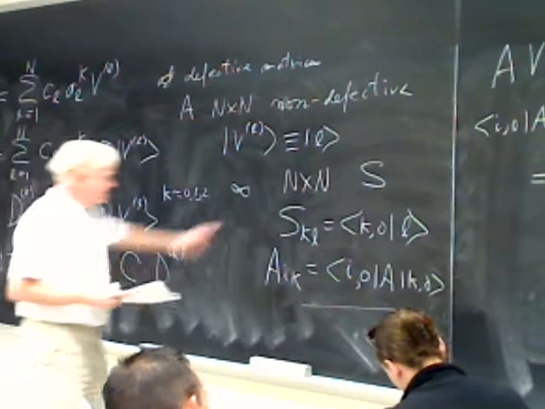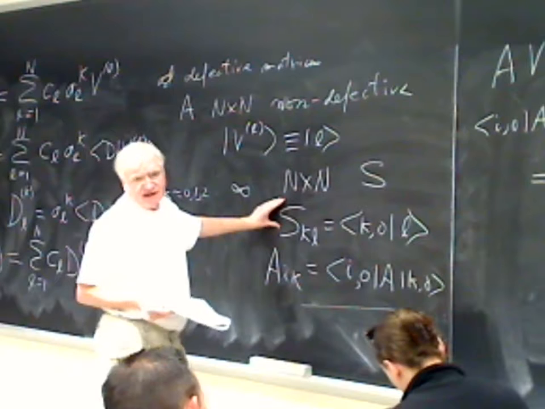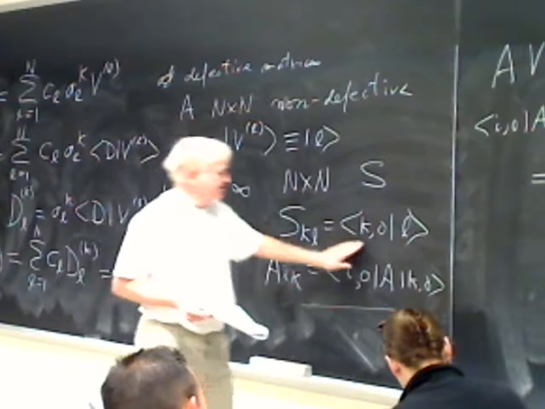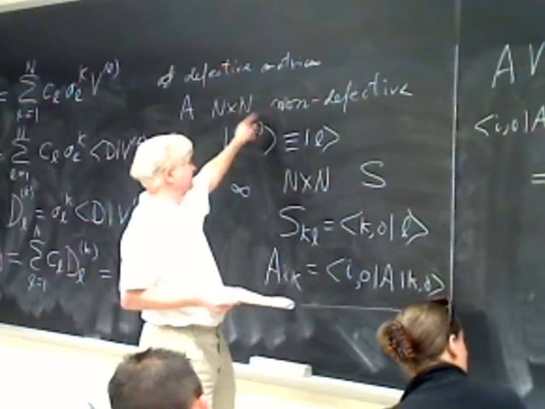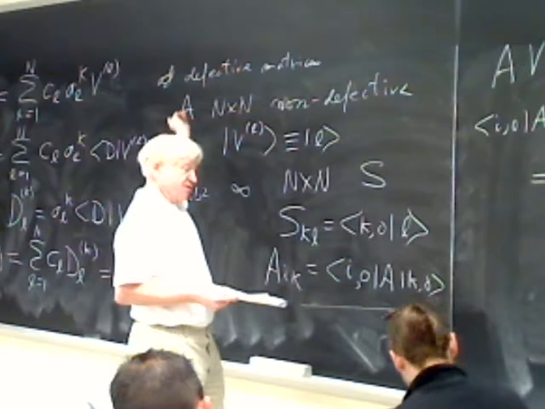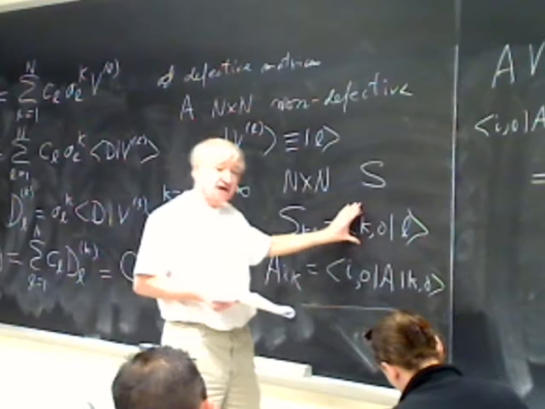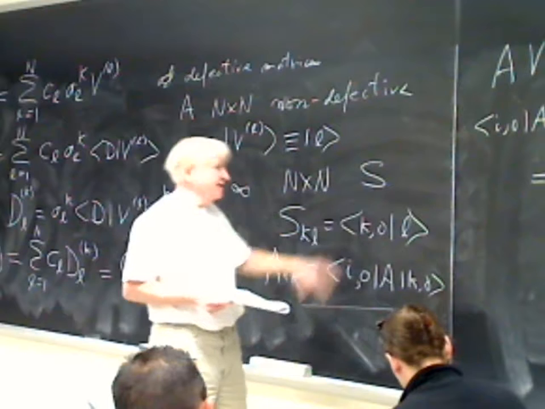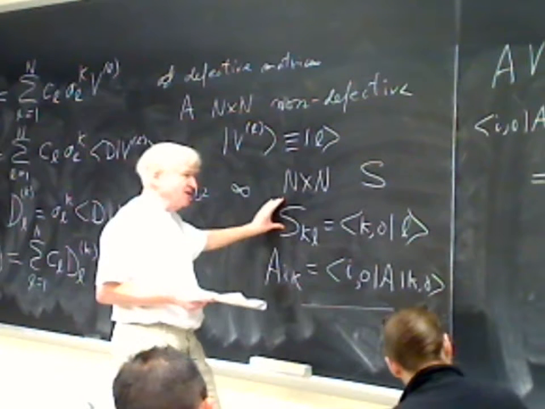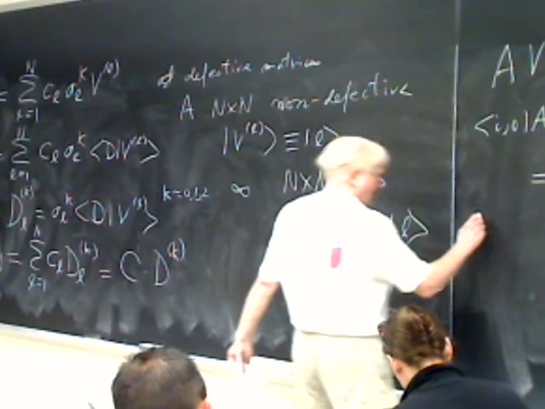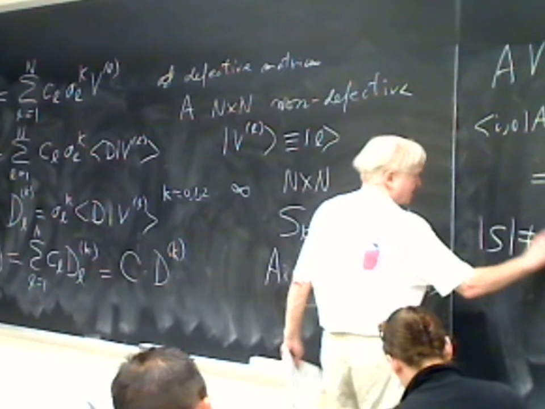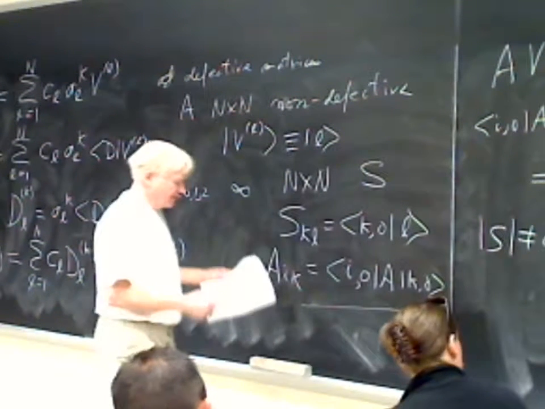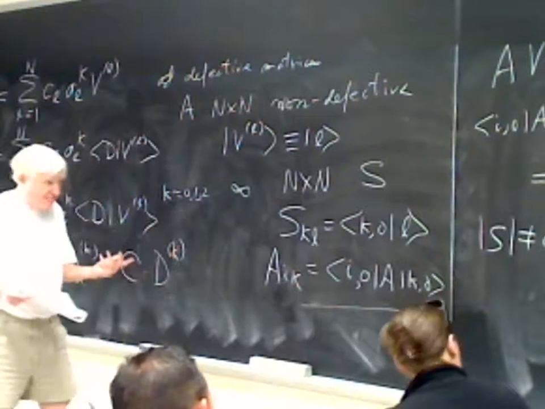Okay. Now this matrix S is n by n. The columns are these vectors, and since the matrix is assumed to be non-defective, these column vectors are linearly independent, and consequently the determinant of S is non-zero. So S is non-singular. That means that it has an inverse.